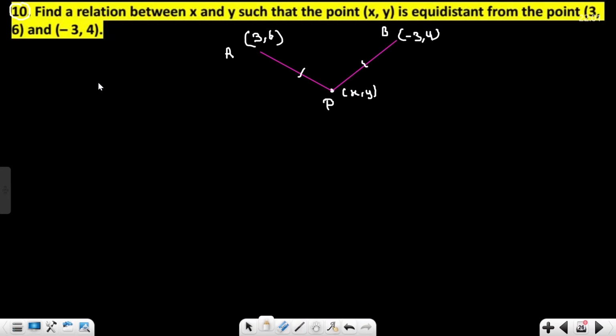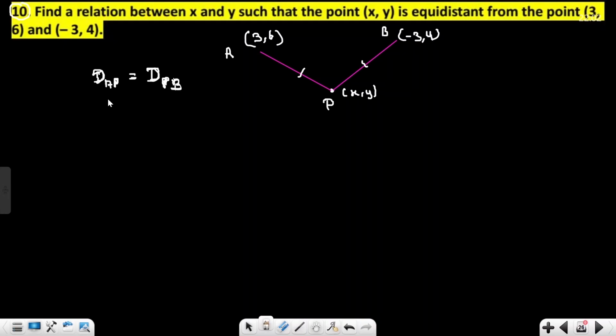Okay, so the given information is the distance of AP is equal to the distance of PB. The distance of PB.